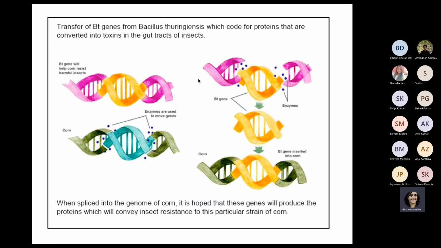So how do you transfer this bacterial protein to the plants? It is simply by cloning. You amplify this gene, and then you introduce it into the plants.